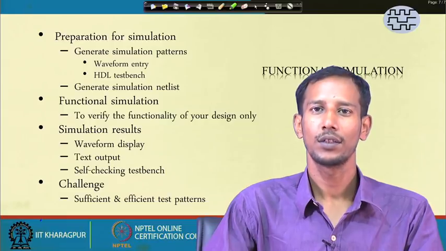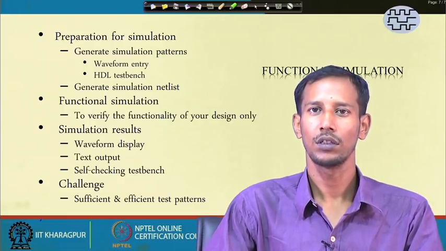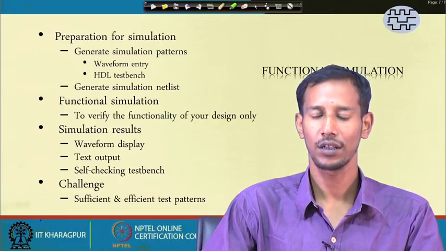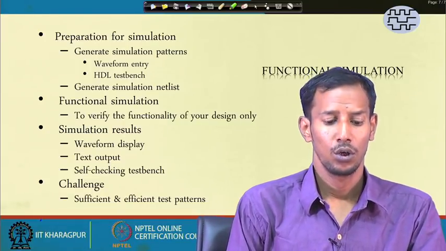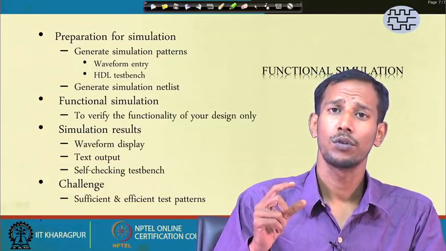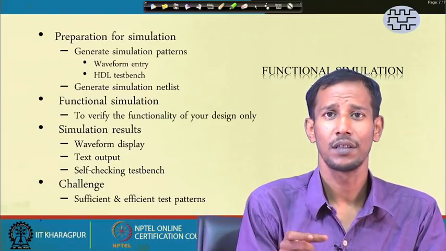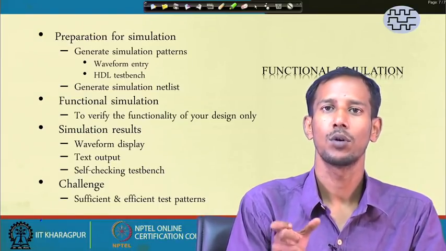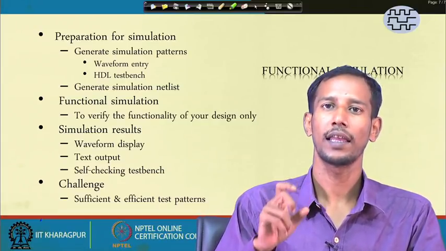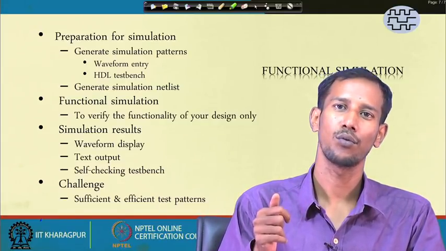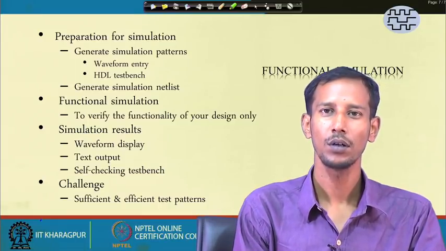Why do I need to know about simulation or functionality checking of the system? Whenever I have described the system using any language, I have to check it. Suppose I have built one circuit for an adder.